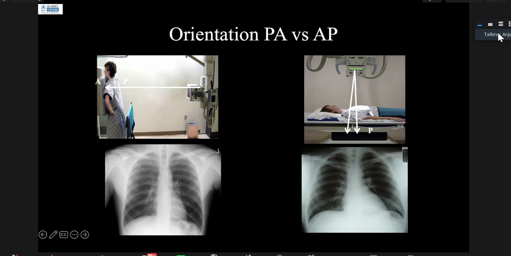Now, how is an AP view obtained? AP chest X-ray. So here is the X-ray tube. Patient lies down supine. X-rays pass through the anterior aspect, come out through the posterior aspect, and it has to travel a certain distance before it can hit the X-ray receptor. So what actually happens during that time is, can you see the X-rays are diverging?